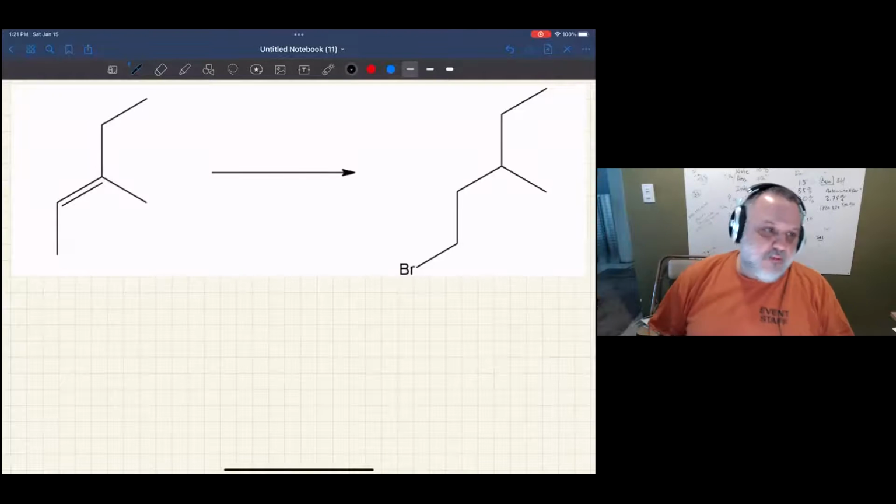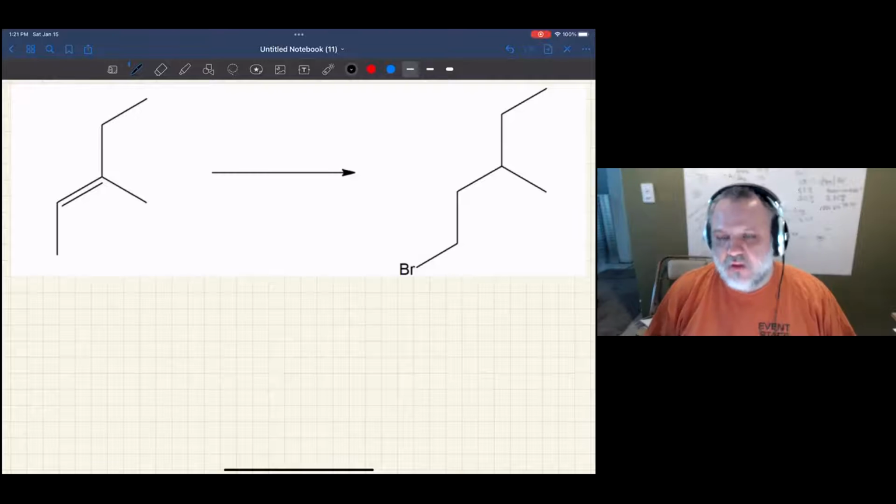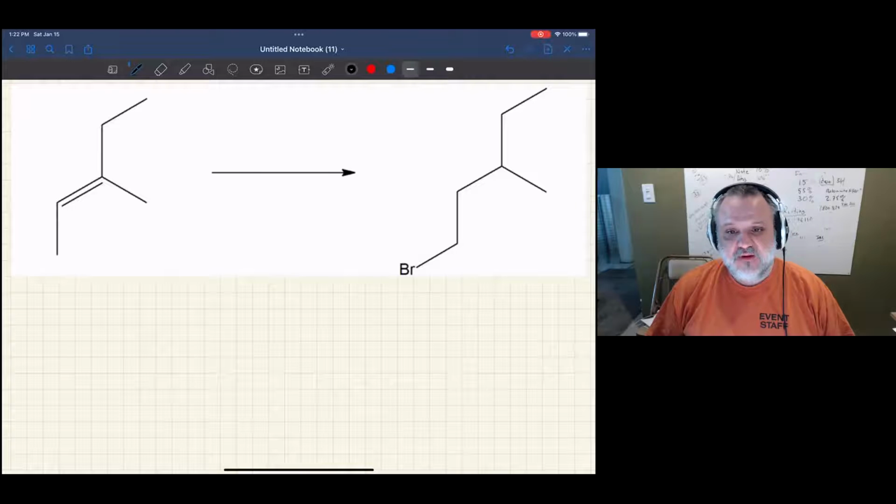All right, guys, the problems that we're going to talk about coming up in this chapter are all about retrosynthetic analysis. One of the hard things about organic chemistry is coming up with a solution for a synthesis problem, a pathway from a reactant to a product.